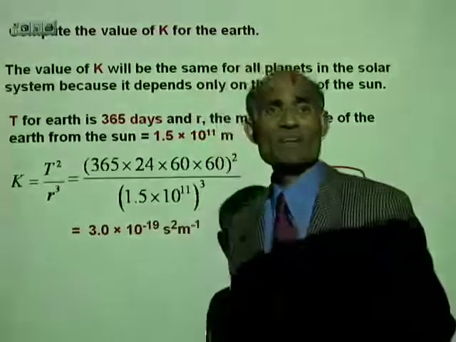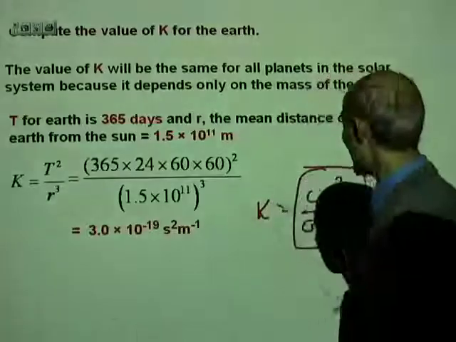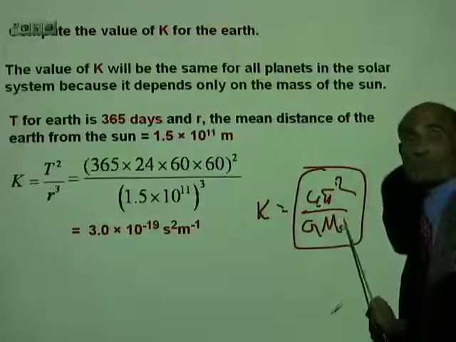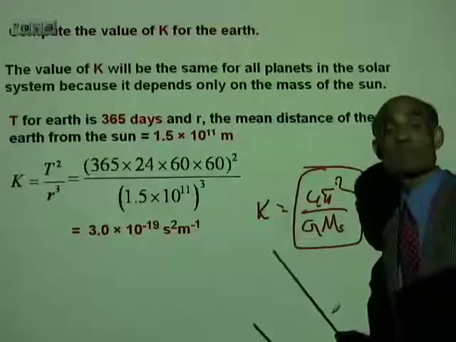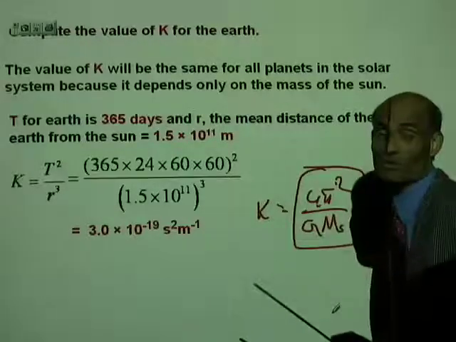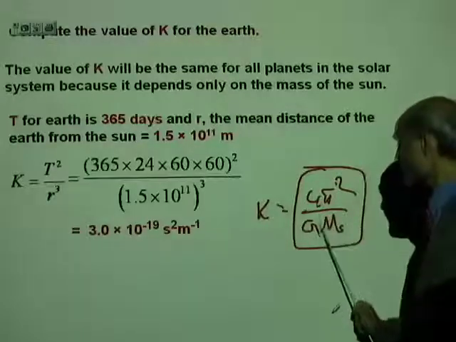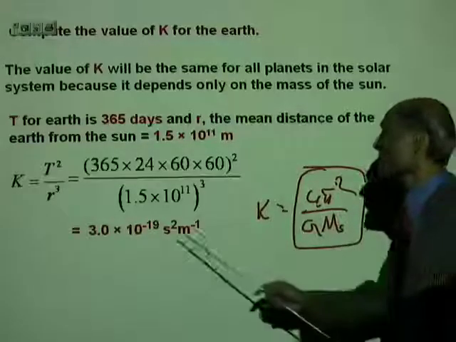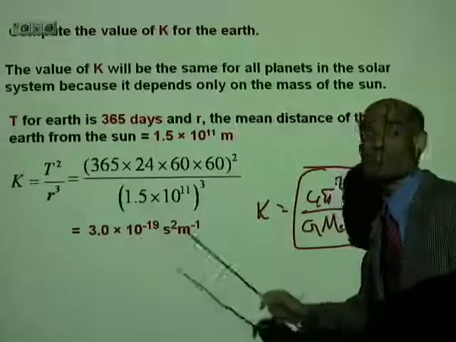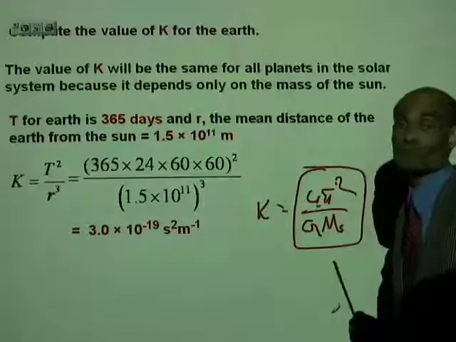You see that? Without going anywhere near the Sun, we can now calculate the mass of the Sun from here. I'm going to ask you to do that on your own. And let me know. If you can send it to me, I will appreciate that. Calculate a value for the mass of the Sun using the value of K we calculated for Earth.